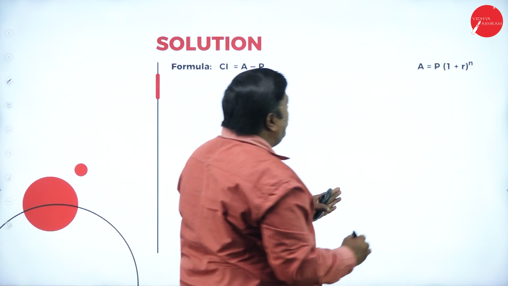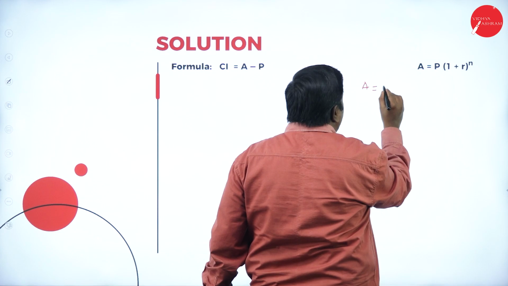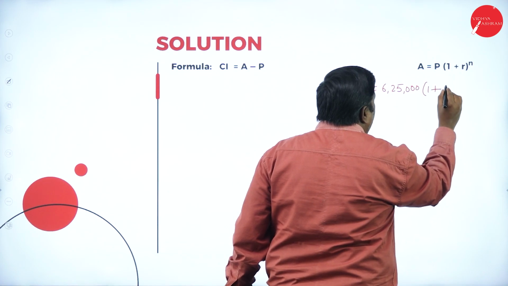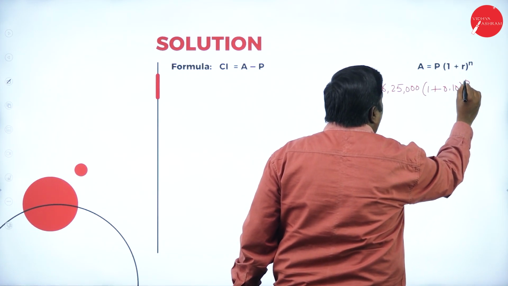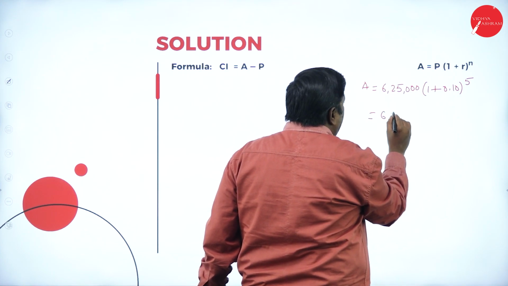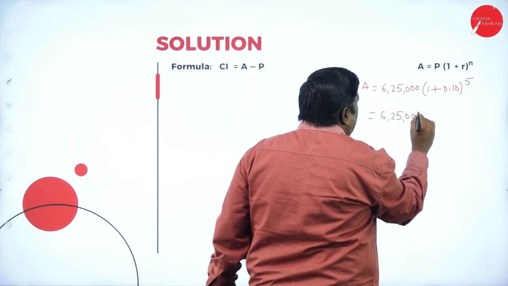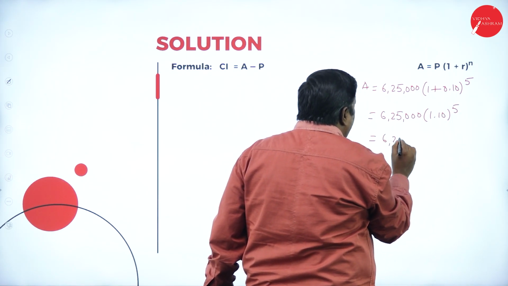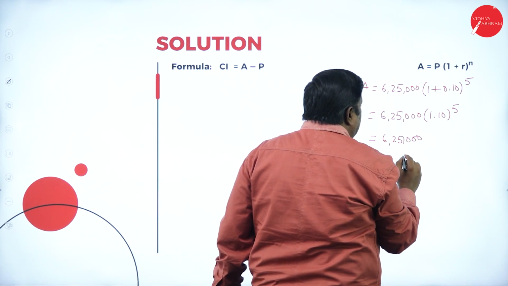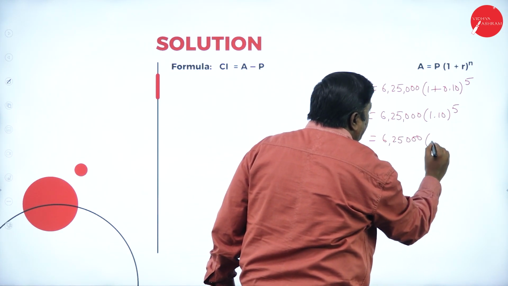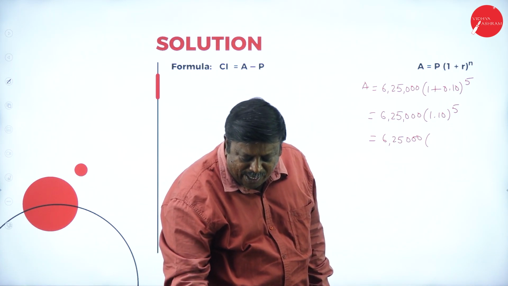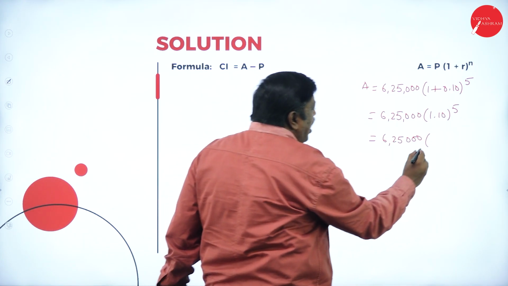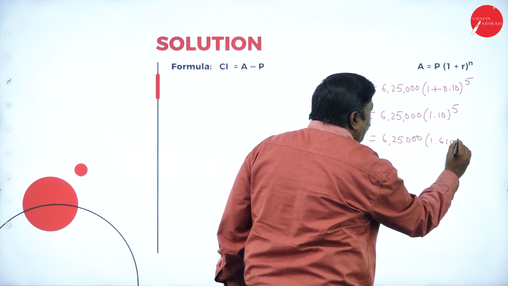So my annuity is 6,25,000 into 1 plus 0.10 to the power of 5, that is 6,25,000 into 1.10 to the power of 5. 1.1 into 1.1, five times, so it will be 1.6105.